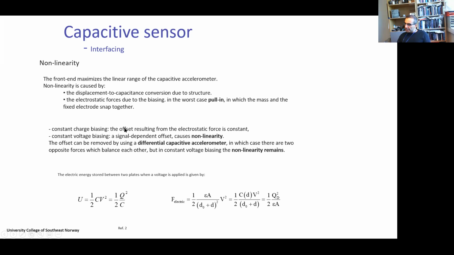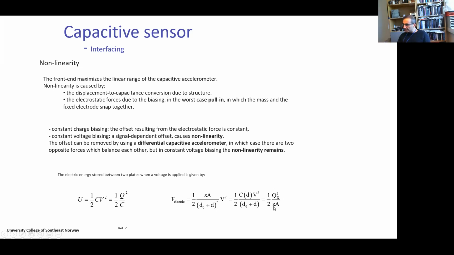But if you compare charge biasing and voltage biasing, let's start with the simplest form, which is constant biasing. If it is constant charge biasing, the offset resulting from the electrostatic force is constant. If you look at this equation at the bottom right, we see the electric force due to the charge biasing. It is not dependent on changes in the distance; D is not here.